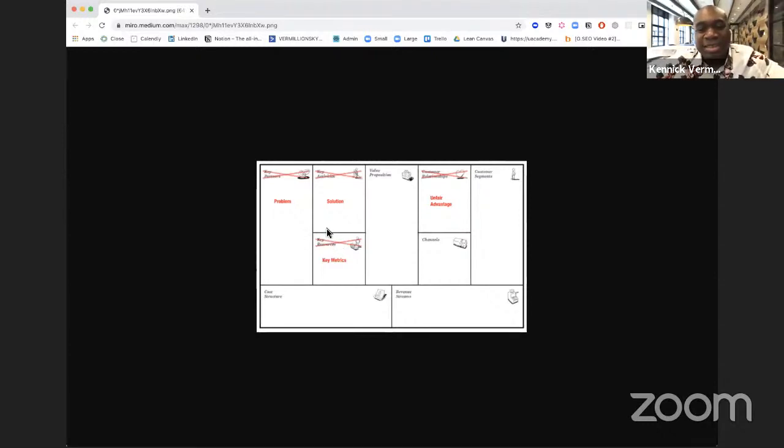So instead, the Lean Canvas completely removes these sections, and it adds the unfair advantage, the problem, the solution, and the key metrics. The key metrics, because again, there are no key partnerships and no known activities that the business is currently doing because it is a new business.